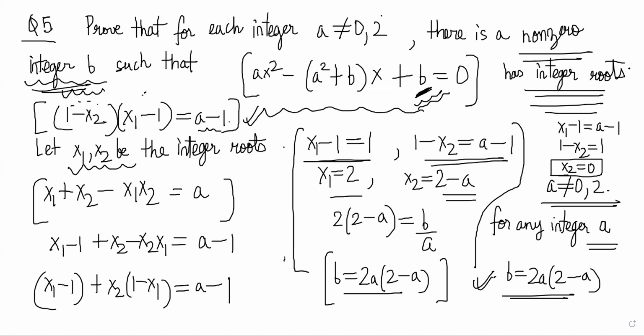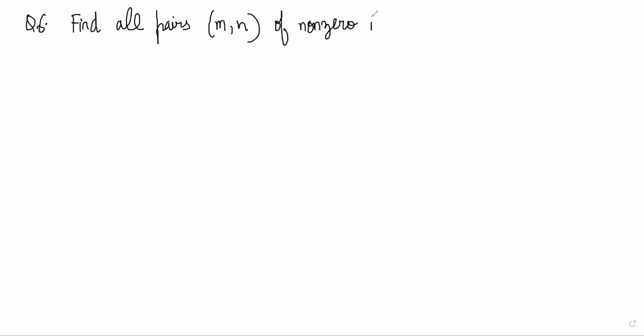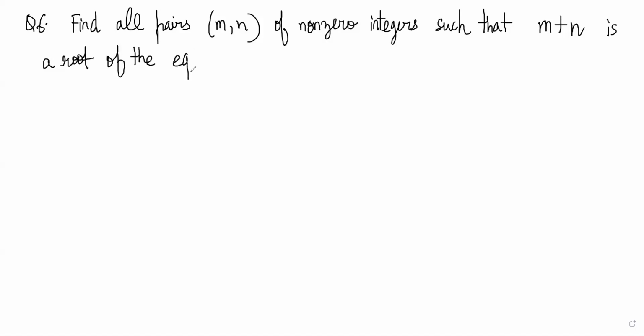Okay. Let's go on to the next one. Question number 6. Here we have to find all pairs m comma n of non-zero integers such that m plus n is a root of the equation x square plus mx plus n equals 0.